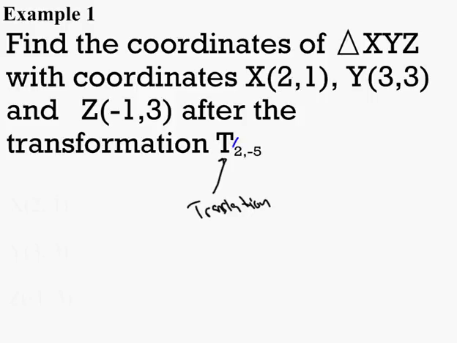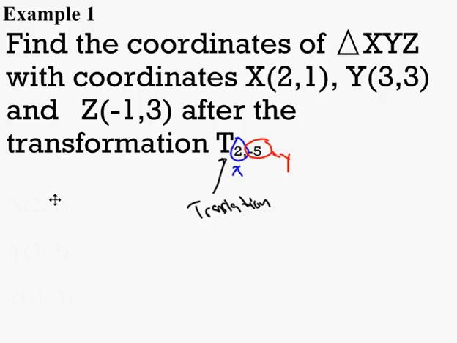This number tells you what to do to the x coordinate, and this one tells you what to do to the y coordinate. It's saying subtract 5 from the y coordinate, and add 2 to the x coordinate because it's a positive number.